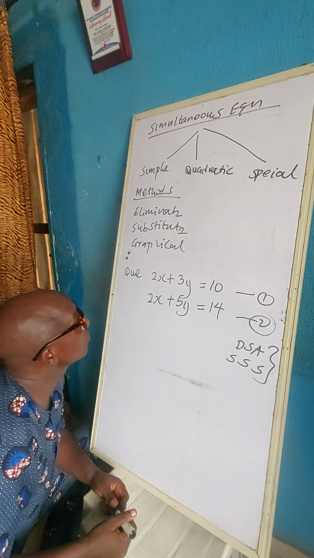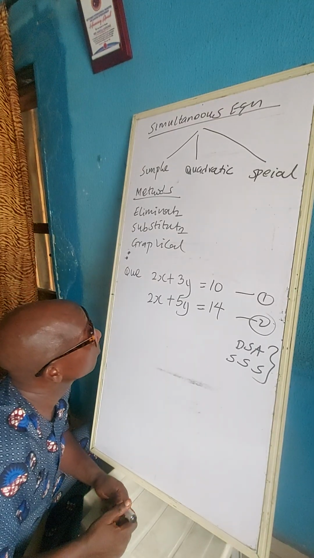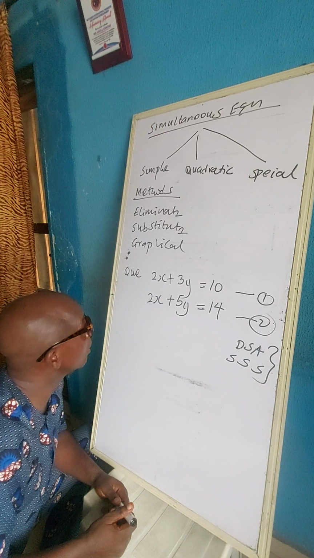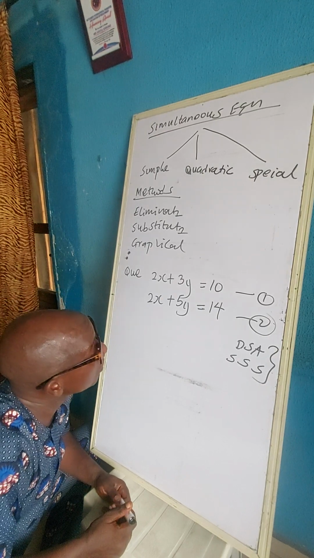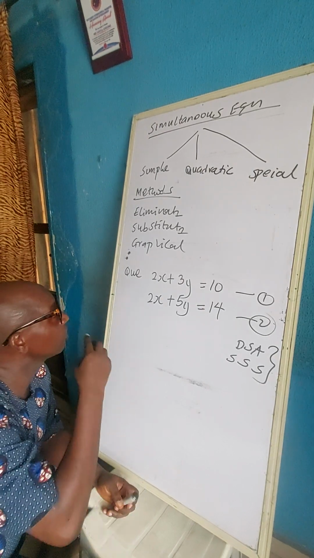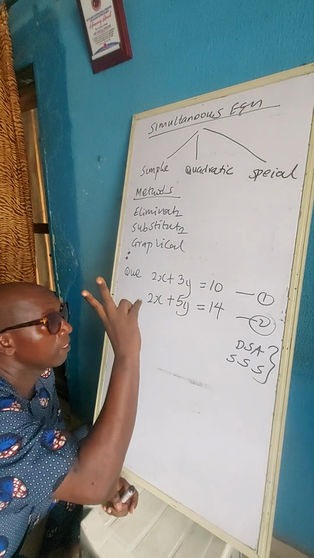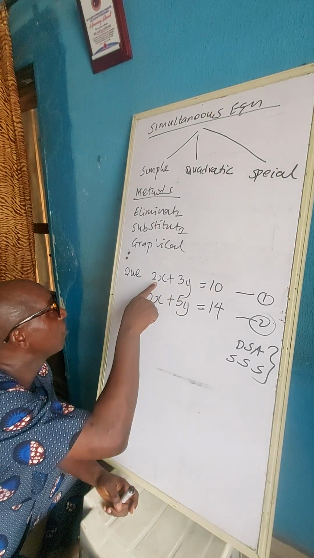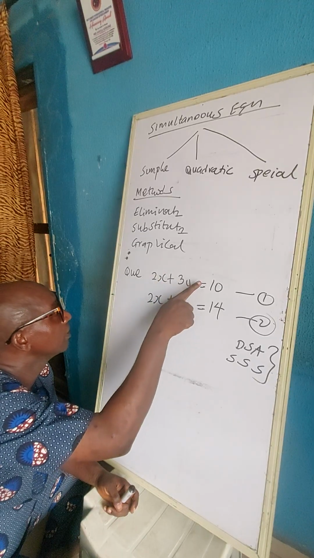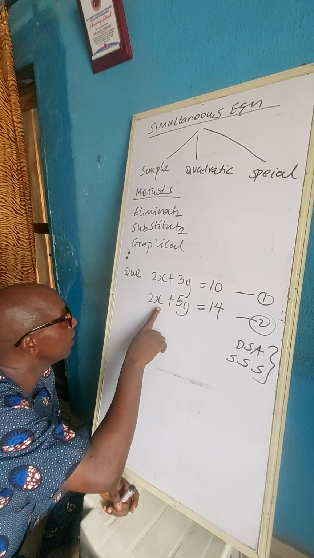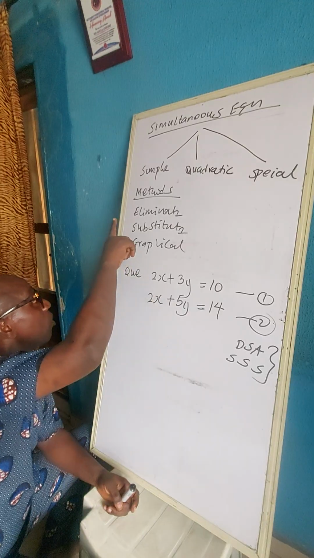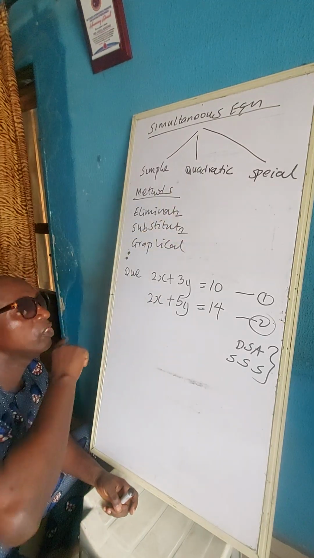Now, look at this. 2x plus 3y equal to 10. 2x plus 5y equal to 14. Simultaneous equation: 2 different letters, x and y, and the power of the variable here is 1, 1. That is why it is called simple simultaneous equation.